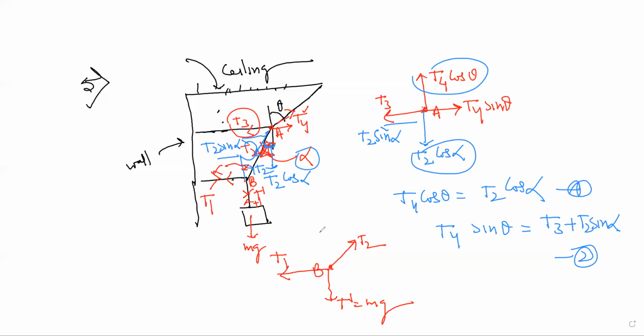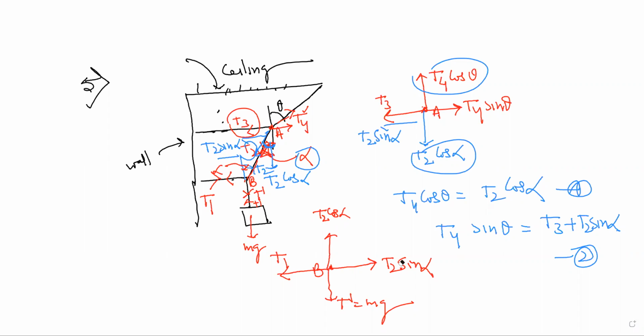Now I am going to resolve these forces. The component of T2 in vertical direction will be T2 cos alpha, and its component in horizontal direction will be T2 sin alpha. As soon as I have resolved this force, we will have to remove it, because we have already resolved it.